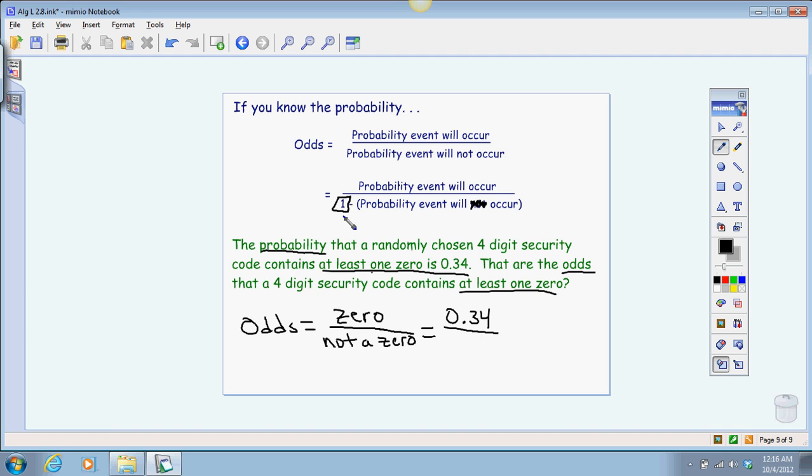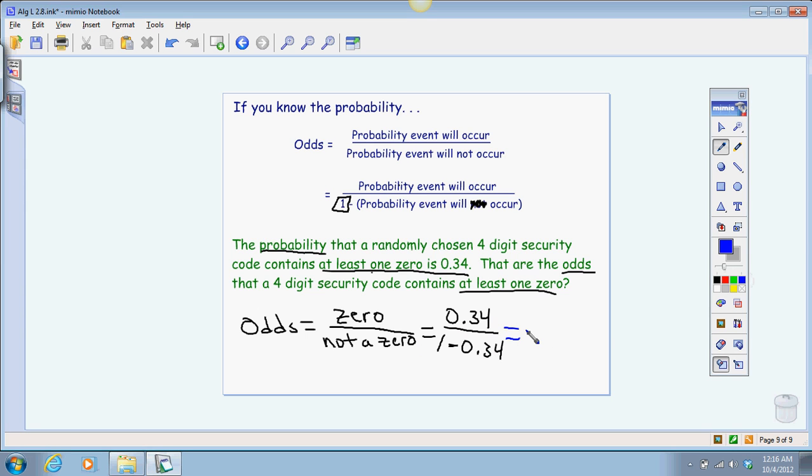So think of this being out of 1. If you think back to the video you watched on probability, we had that number line from 0 to 1, 1 being certain. So that's where this 1 minus comes from. I can figure out how it's not going to be a 0 if I go 1 minus 0.34.